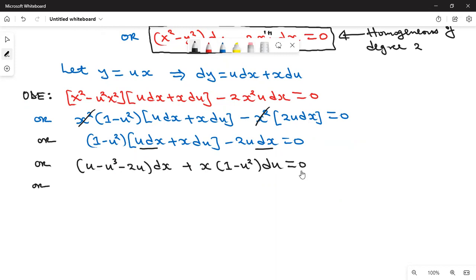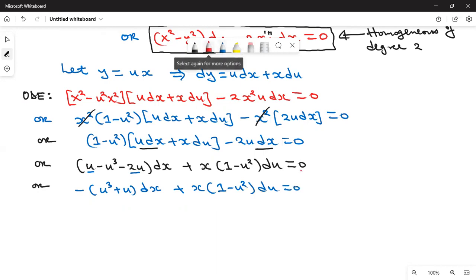Or, let me simplify. This is the same as negative of u cubed, then there's my plus u. Remember, u minus 2u, that's negative u, and the negative is common, so this is dx plus x into 1 minus u squared du is equal to 0.